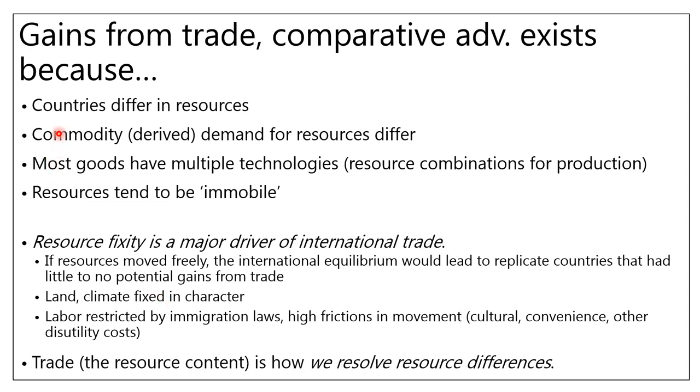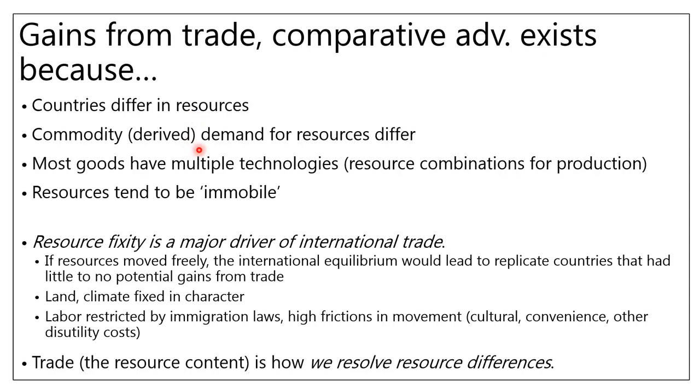Okay, so why do these things exist? Well, countries differ in their resources, and so every country is going to have some difference in terms of what it is higher cost in production, or what is more scarce, or what technology is more limiting.